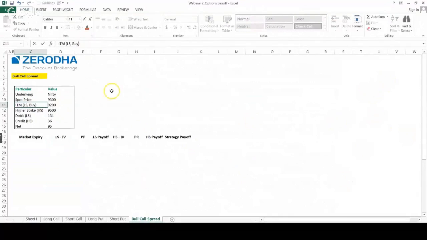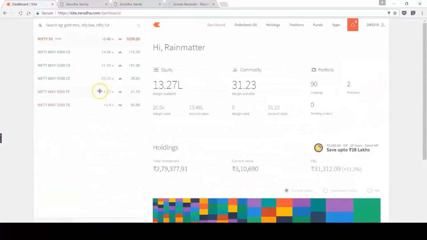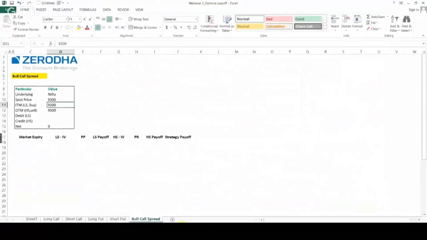You always buy an in the money strike and you finance this by selling an out of the money call option, which is the higher strike, which I will sell. Okay, so I'm going to stick to 9,500. Let's see what price the 9,200 call option is trading at. 9,200 call option is trading at 181. So I'm calling this debit because this money is going out of my pocket.